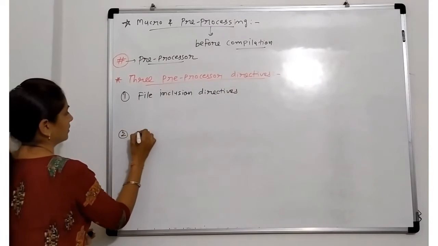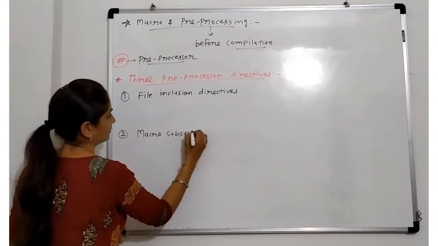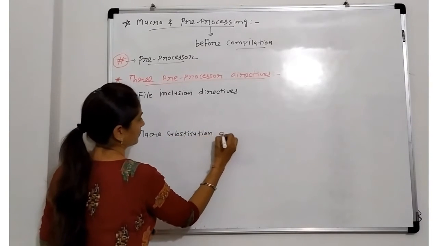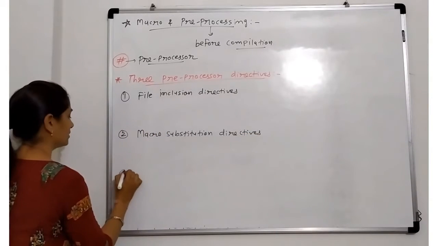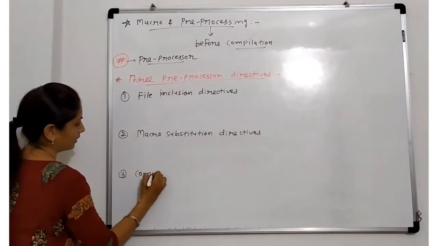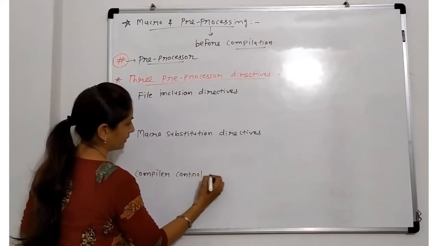Second is macro substitution directives. And the third is compiler control directives.